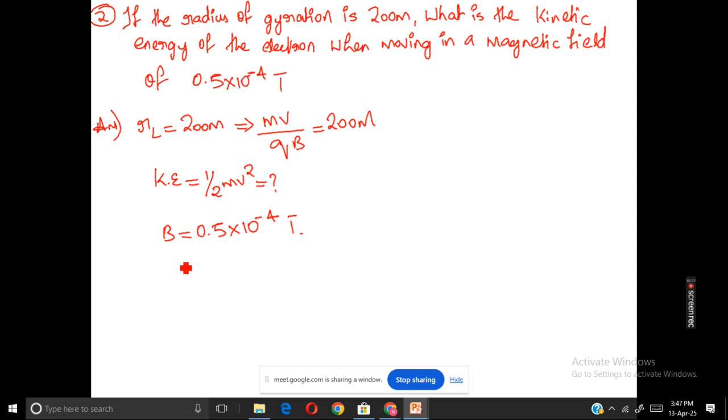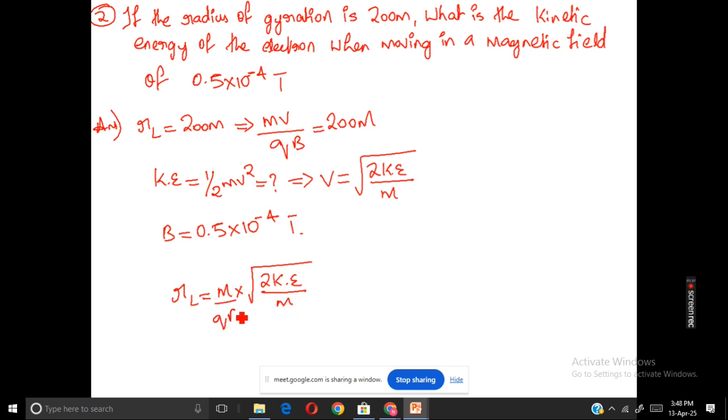Kinetic energy is half mv square, or we can write velocity is equal to root of 2 into kinetic energy by m. So if we substitute it over here, for the velocity, RL will become mass into root of 2 kinetic energy by m, by qB.